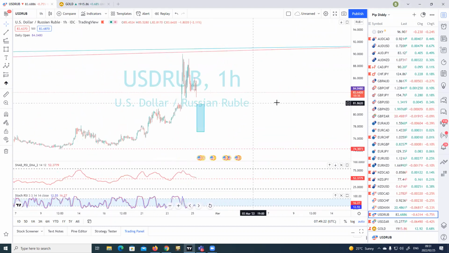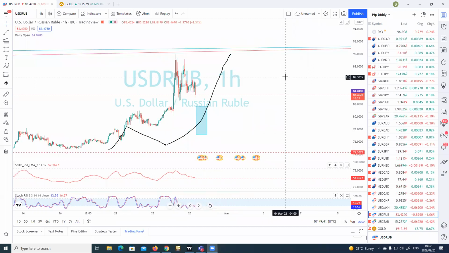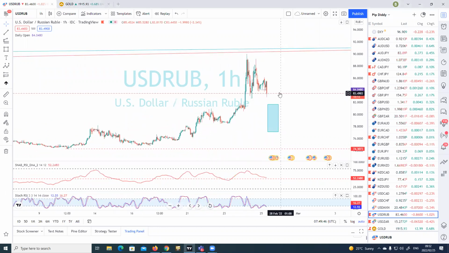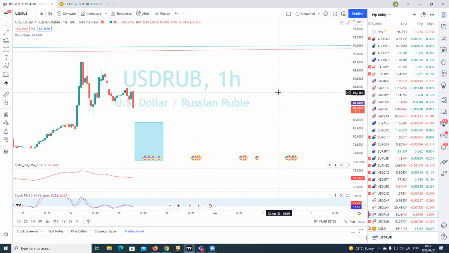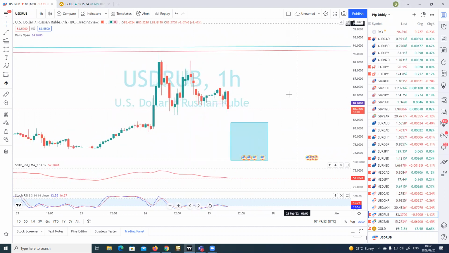So this current wave here that is in play, I see it has already made a wave 1, a wave 2, possible wave 3, and this here could be our wave 4, which is currently in play.